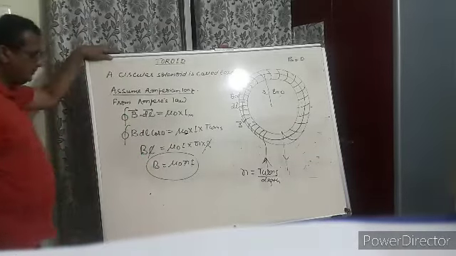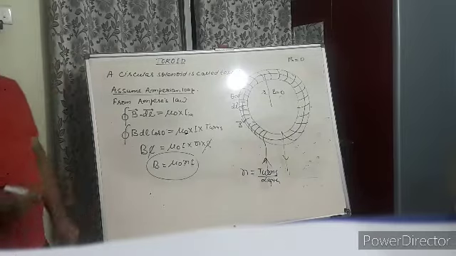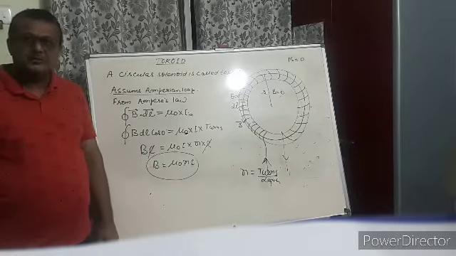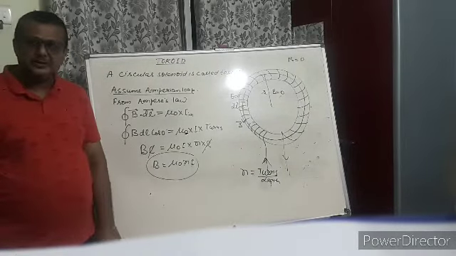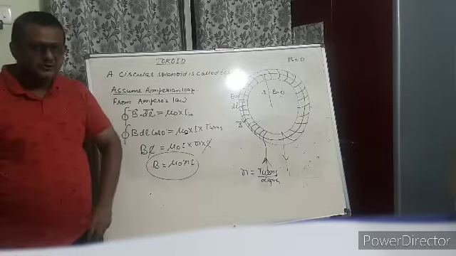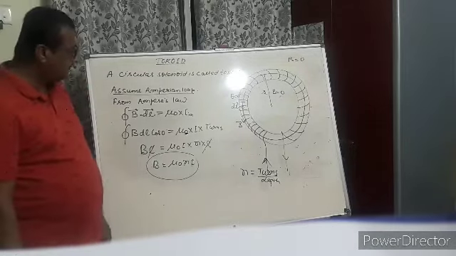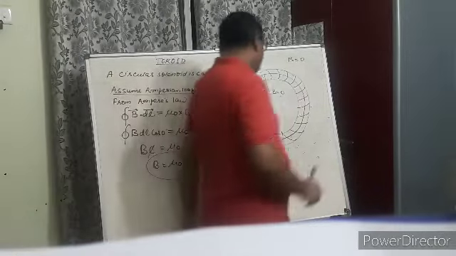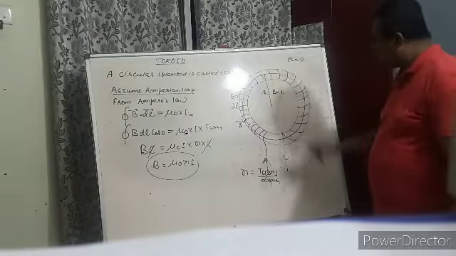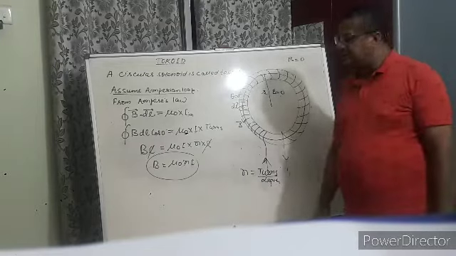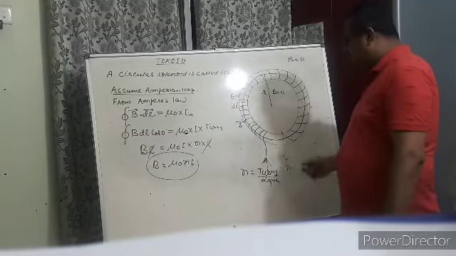So we have got that the magnetic field inside the core will be mu naught n I, and outside the core the magnetic field will be 0. In the empty space of the toroid the magnetic field is 0, and outside the toroid the magnetic field will also be 0.